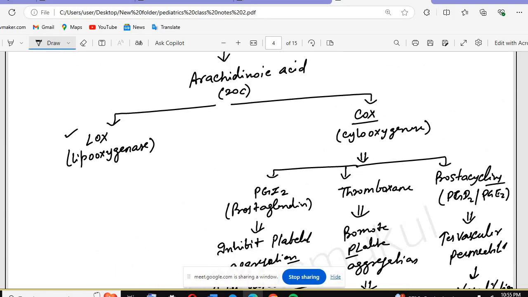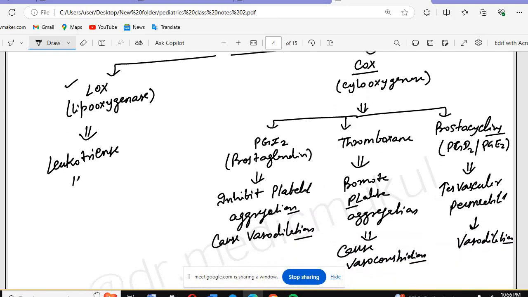And if we talk about the lipooxygenase, the LOX pathway, it releases the leukotrienes. These leukotrienes are responsible for bronchoconstriction and bronchospasm.